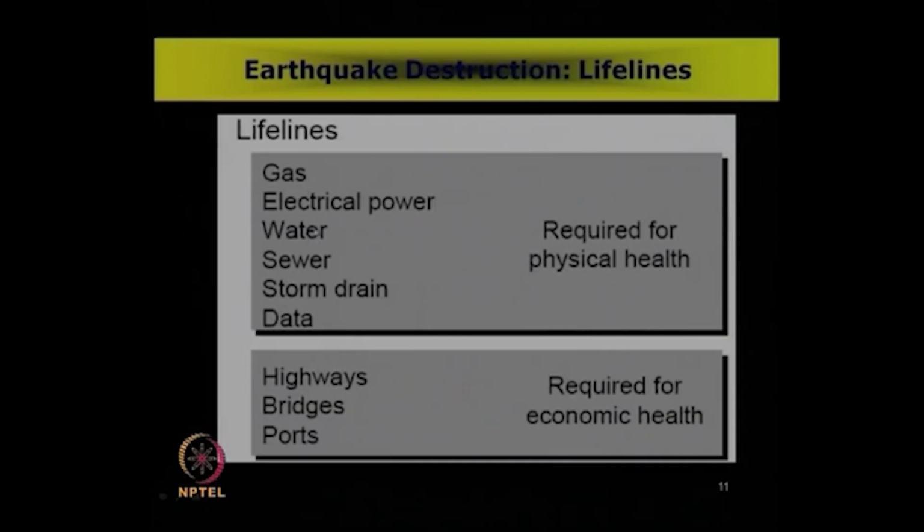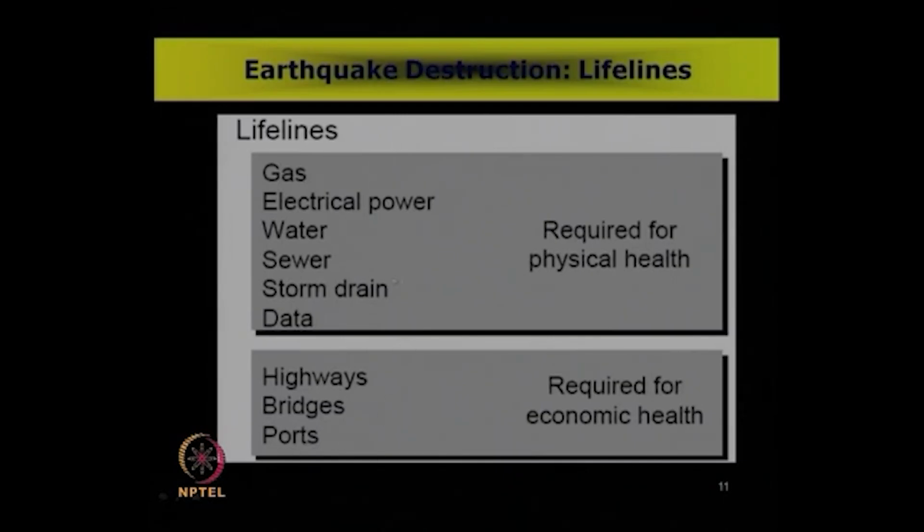So, these are the lifelines which are necessary for the physical health of human beings, like gas line, electric power line, water line, sewer line, storm drain line and data points. Whereas, for the economic health of a city or of a country or of a society, the lifelines are highways, bridges, ports, airports, etc.